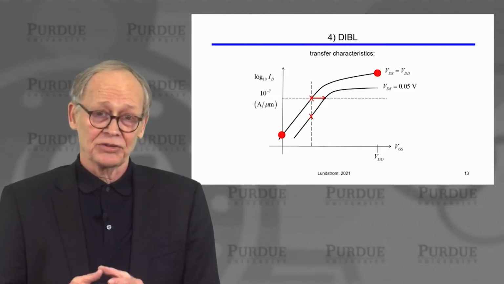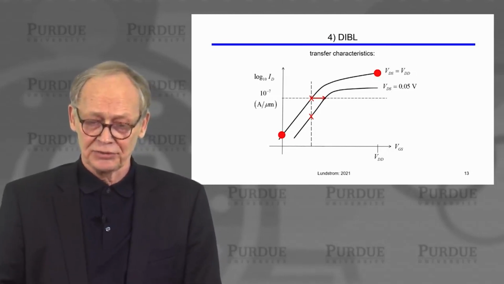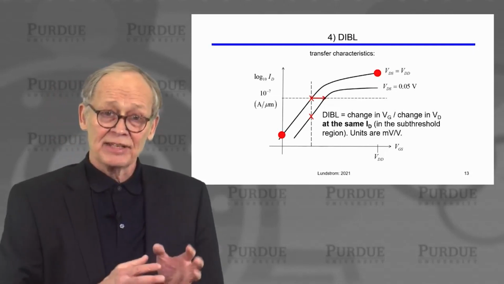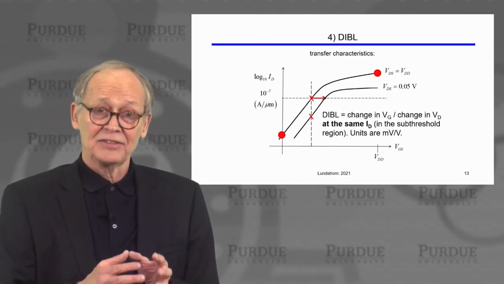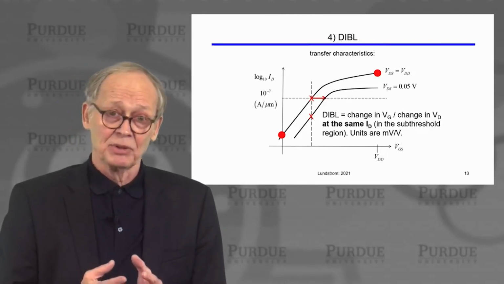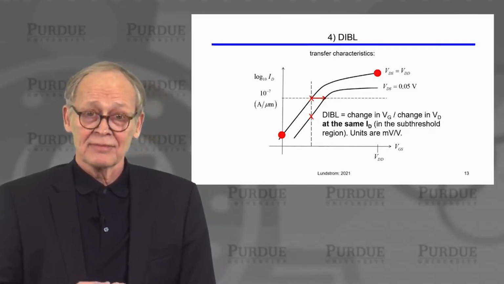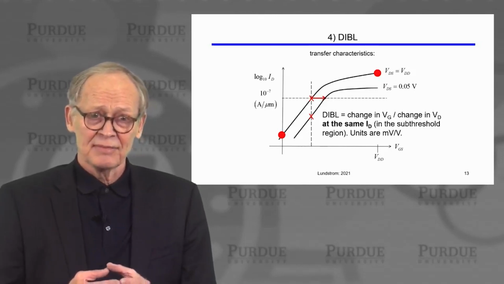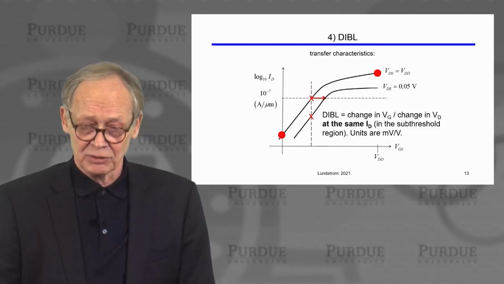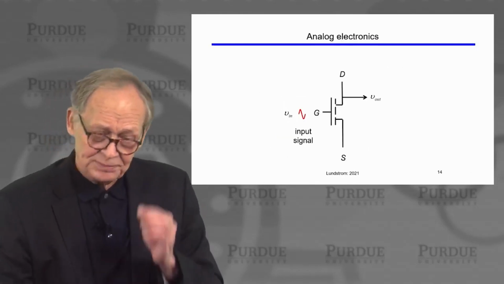We measure the horizontal translation of these two curves. At a fixed drain current, it's the change in gate voltage to give us that same drain current. And we measure the DIBL in millivolts of gate voltage versus volts on the drain, the difference in the drain voltage. So that's DIBL.